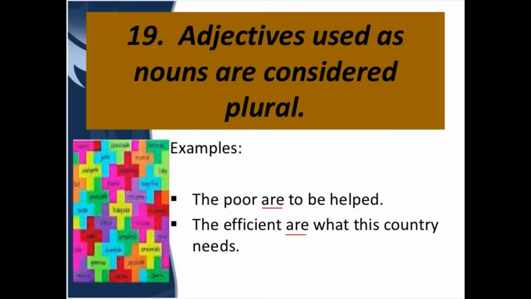Because the subject here is an adjective. In the first example, the subject is poor. Poor is an adjective. In the second example, the subject is efficient. Efficient is an adjective. So when an adjective is used as a subject of the sentence, it is regarded as plural.